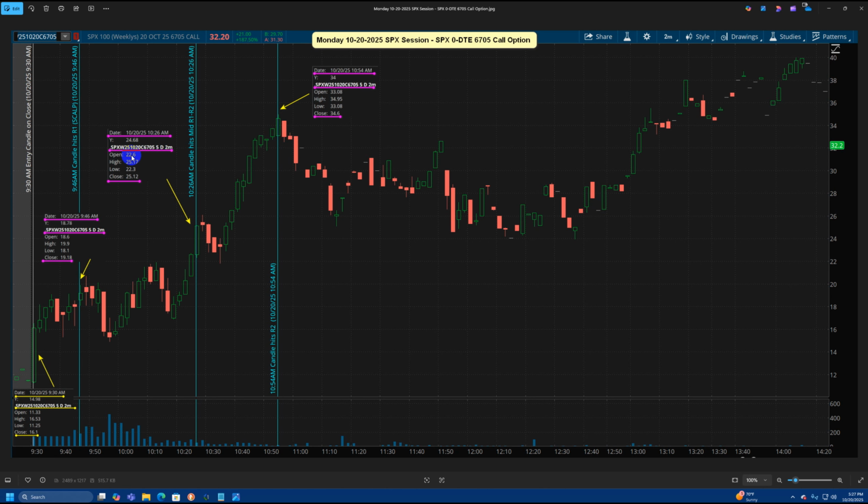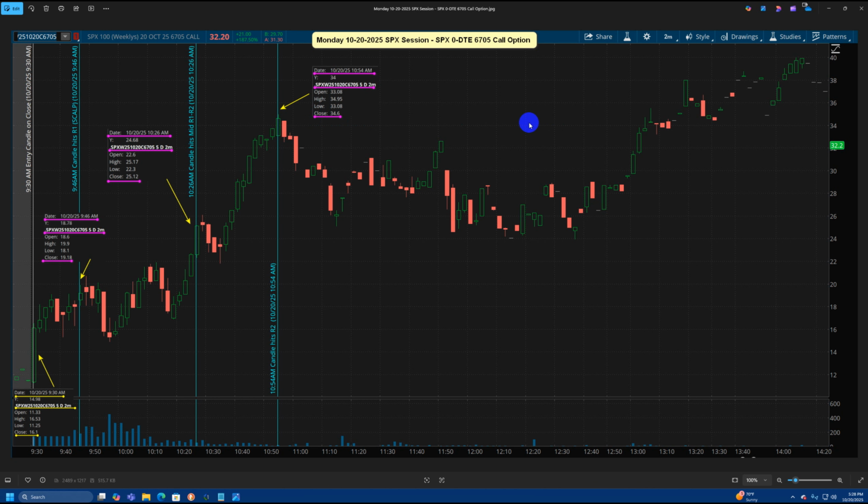That's our 1.5 level minimum required move for a regular trade, 25.12. Here is the 10:54 a.m. candle where it hits R2 for our ideal 2-level minimum move, and it is $34.60.